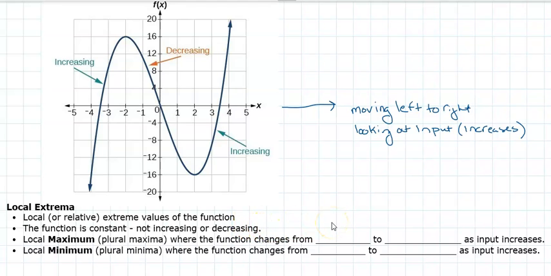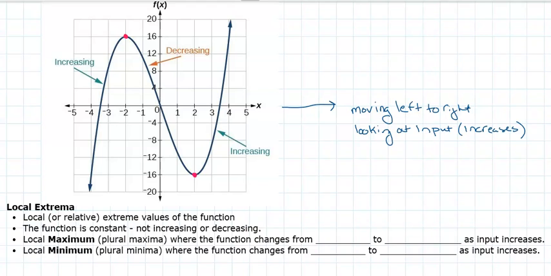Like I said just a moment ago, this point right up here, the top, is a place where it's neither increasing or decreasing. Neither one is happening. Down here, at this point, same deal. It's not increasing or decreasing. So those are considered local extrema. It's where the function is constant.